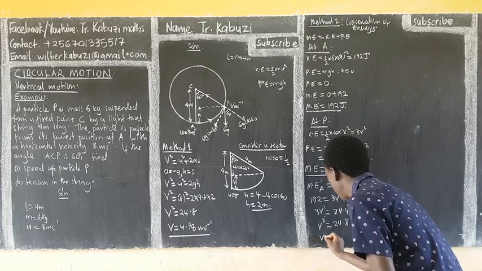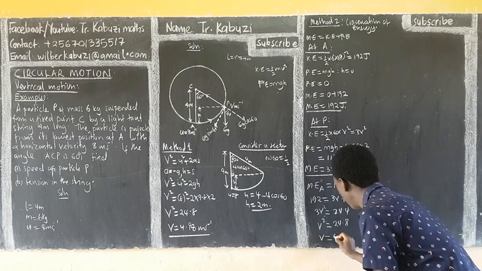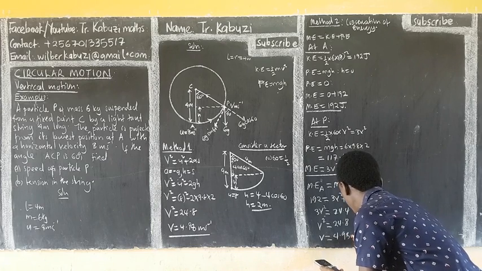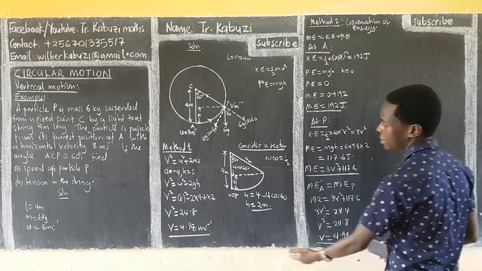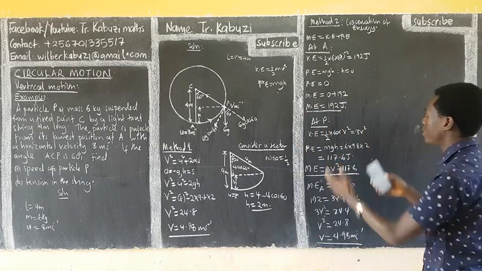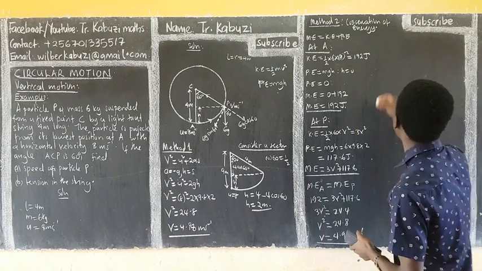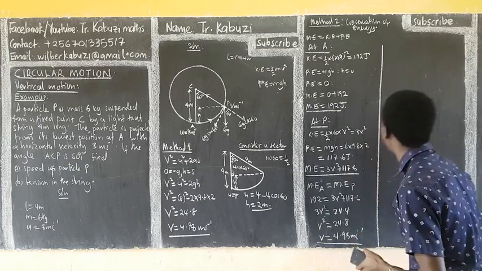So my v is going to be the root of that answer, 4.98 meters per second. So the answer is also there. I think you can see the same answer. So either use this or use this. All of them are going to give you the same answer. Anyway, use one method.